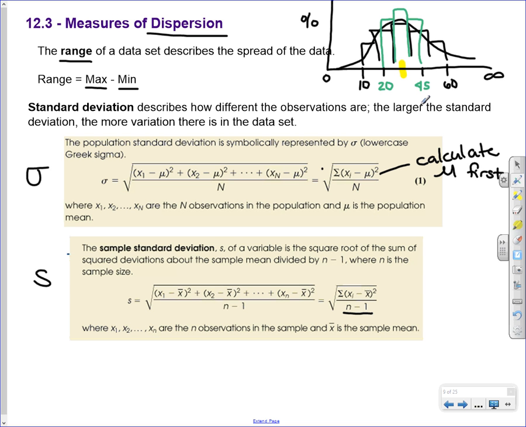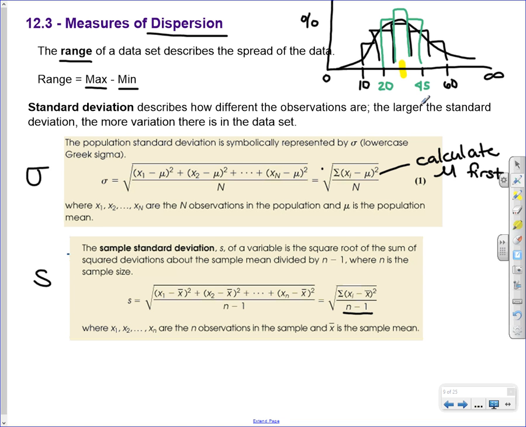So we could know just from that, that for whatever reason, the data in the green histogram is much less spread out than the data in the black histogram. If I was looking at two tests or two quizzes that I gave, I would see that the green and the black are centered around the same place, so the average was around the same.